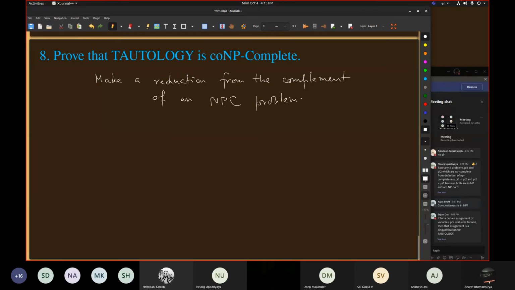For example, here I can do a reduction from the complement of SAT to tautology. It's fairly straightforward. Phi simply maps to its complement, but this is not the language-wise complement, it is the Boolean complement. If something is not satisfiable, then its complement is always true. And like that.